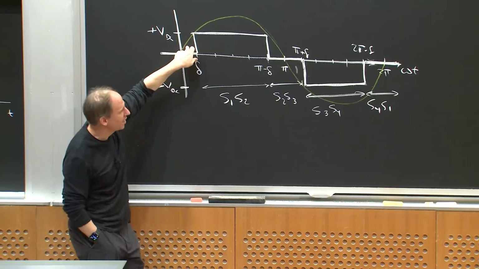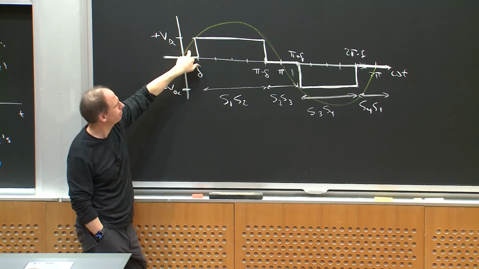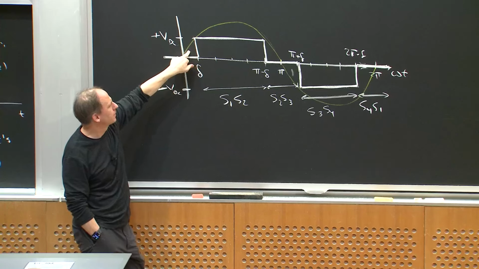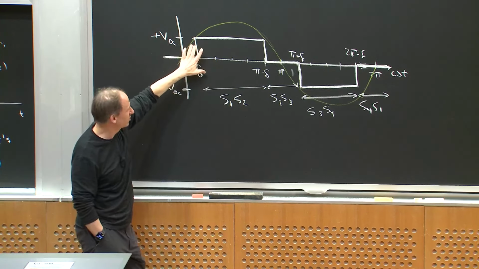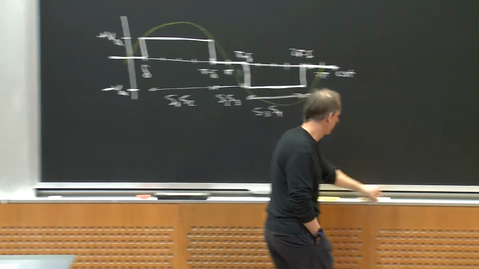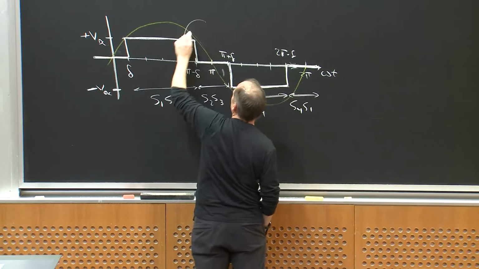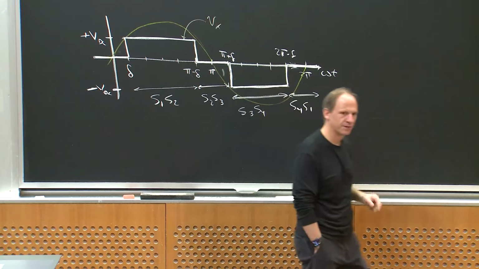I drew a sine wave here, right? And I want, in some measure, for my synthesized AC output voltage of my inverter, this Vx, to try to approximate that sine wave in some fashion.